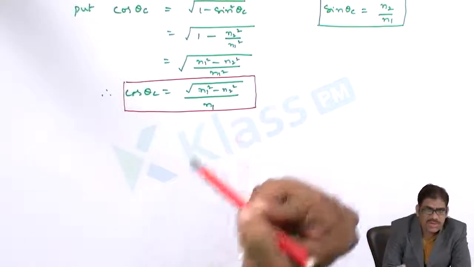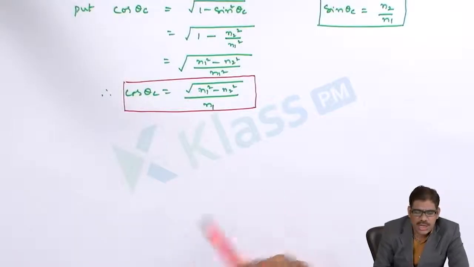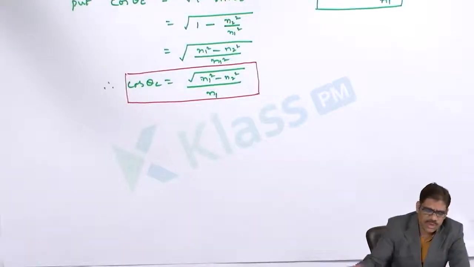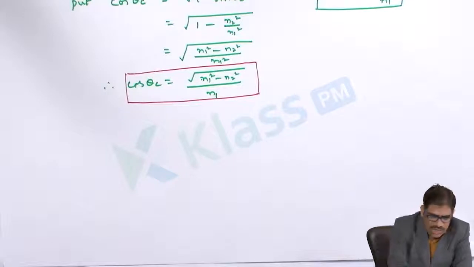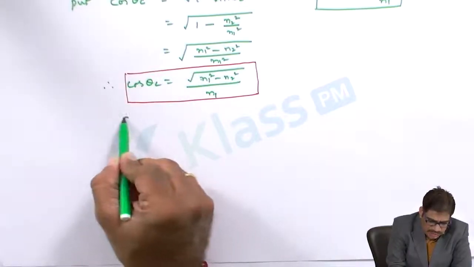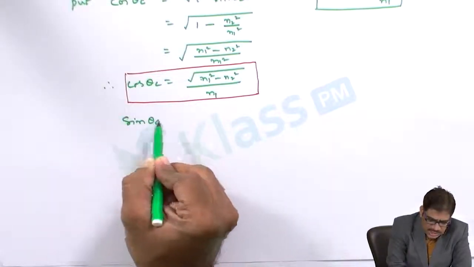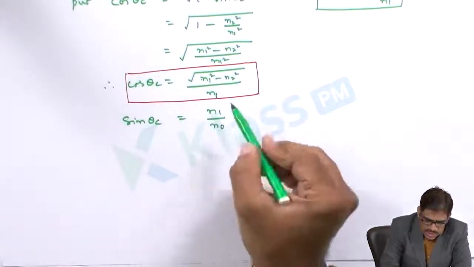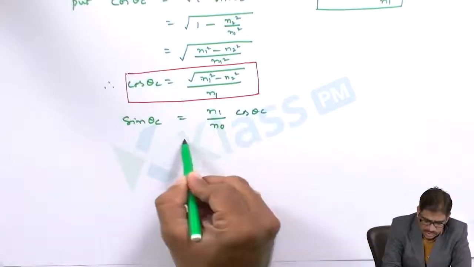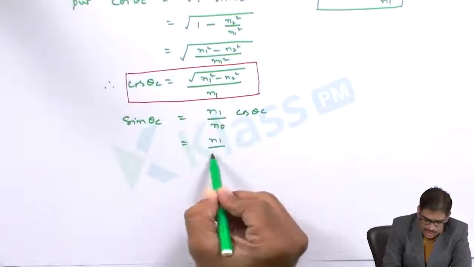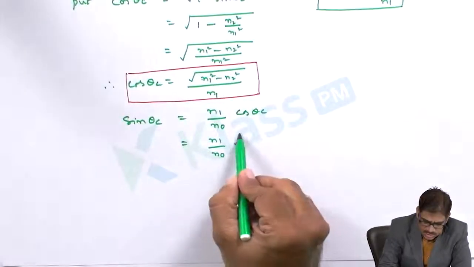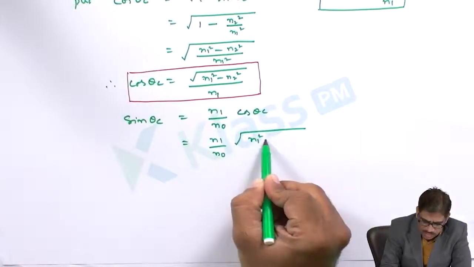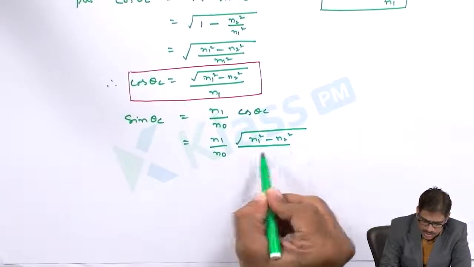So this is obviously what is to be substituted in equation 3. So let us substitute it in equation 3. The third equation was sin theta c is equal to n1 by n0 cos theta c. If we substitute that, we have n1 by n0 times root of n1 square minus n2 square by n1.